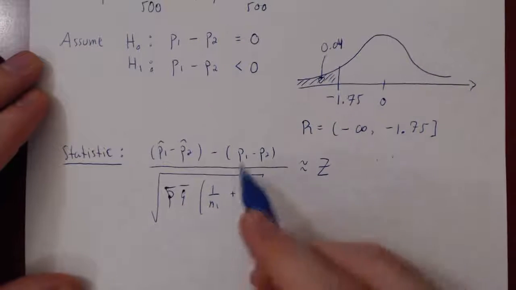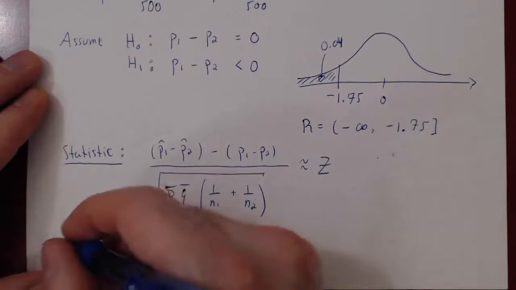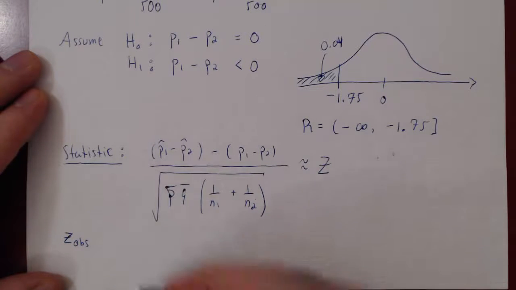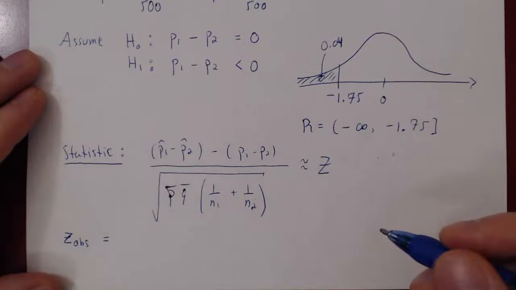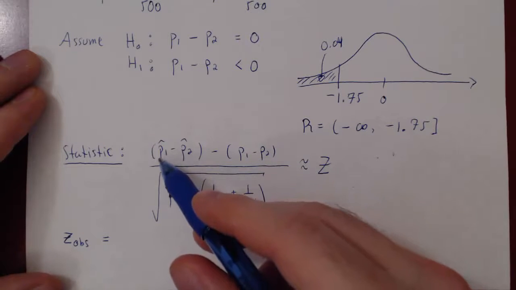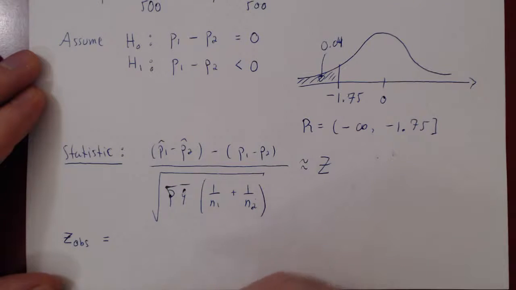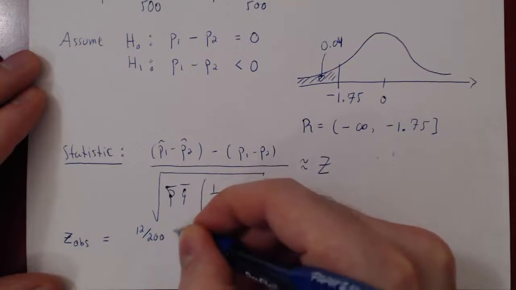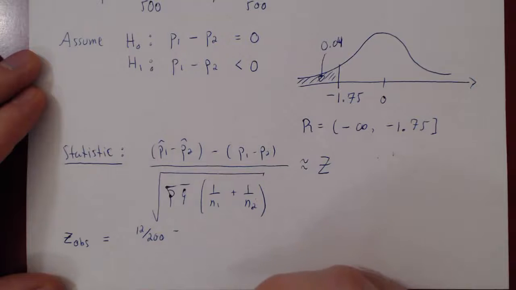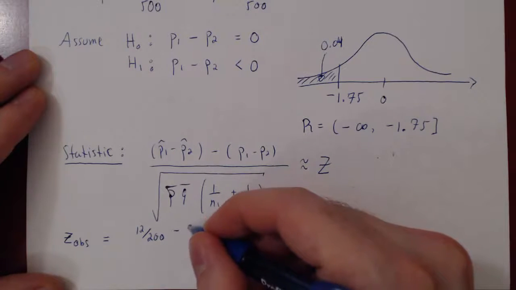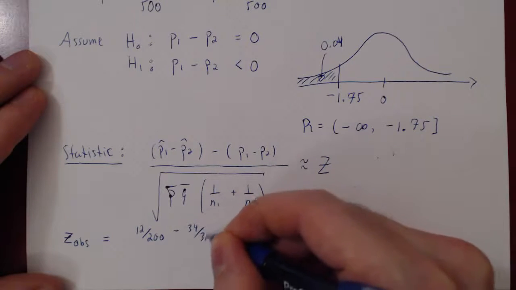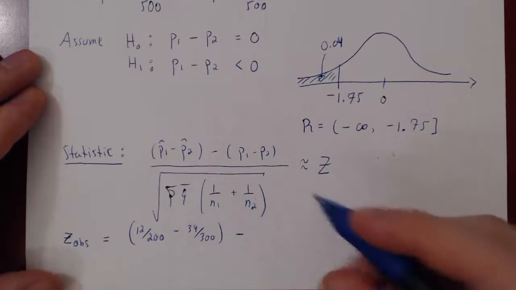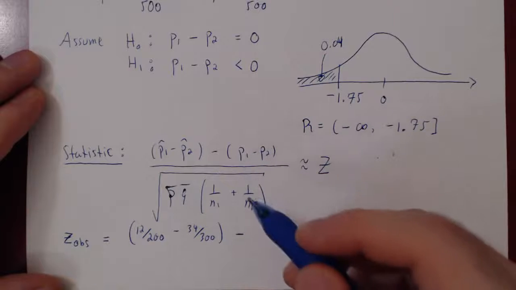Now all we need is to compute our observed value of Z. So we'll call this Z, as always, subscript OBS for observed. And then we just replace. P1 hat, we found to be 12 over 200, minus P2 hat, which we found to be 34 over 300, minus, and if you think of it, what do we take for P1 minus P2?